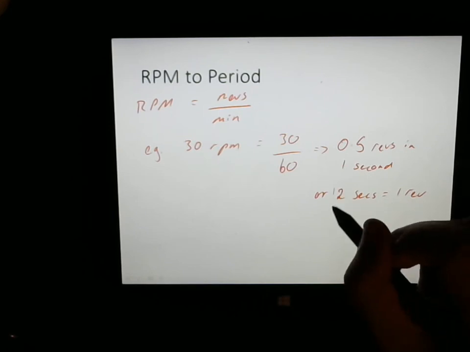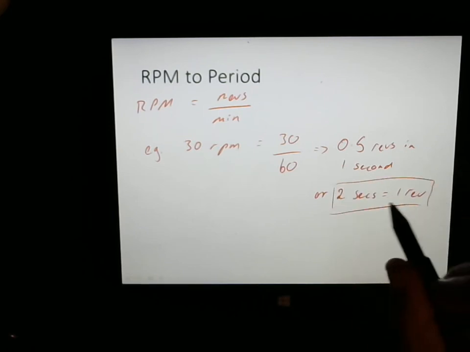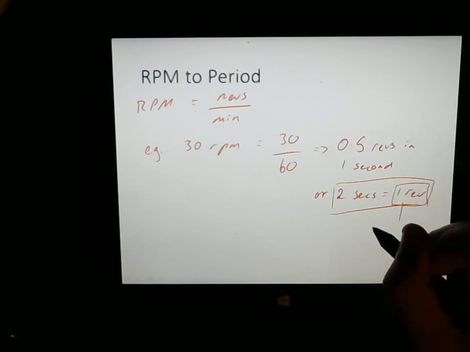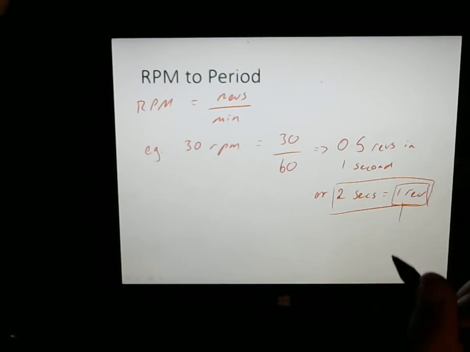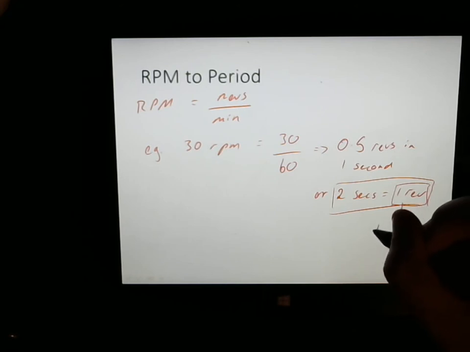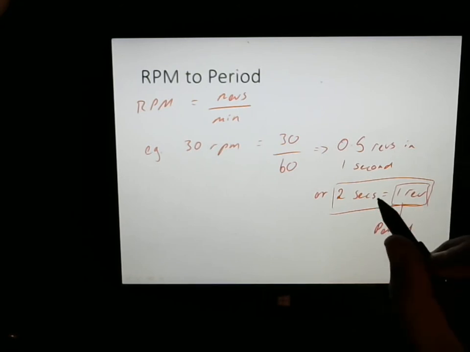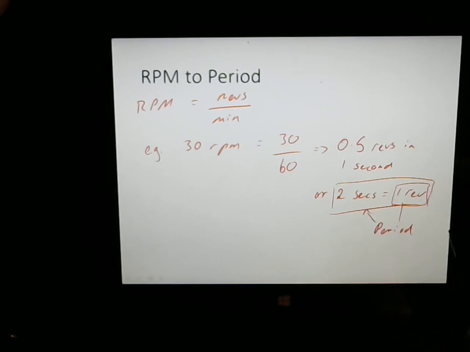And that bit there is the important bit, because that 2 seconds for 1 revolution is linked to period, because period, remember, is defined as the amount of time it takes to do 1 full revolution. I'm going to say that this will then tie to our period. And so the period in this case is 2 seconds.